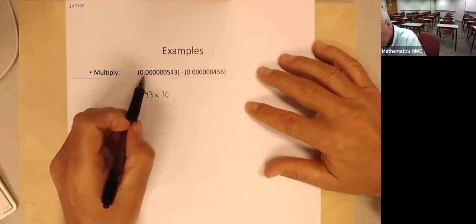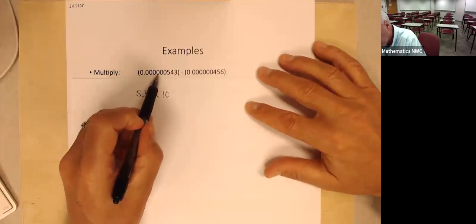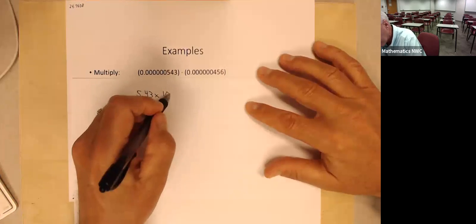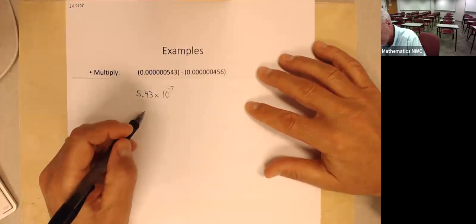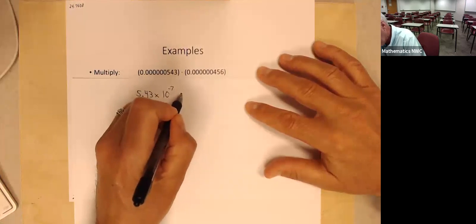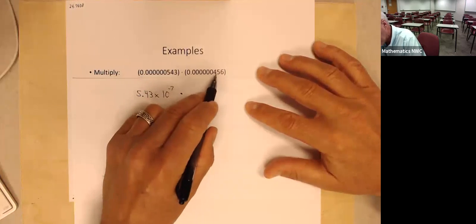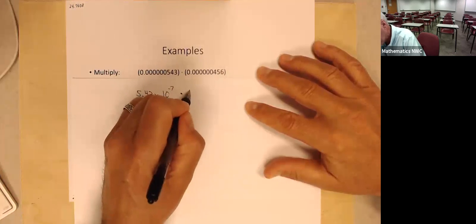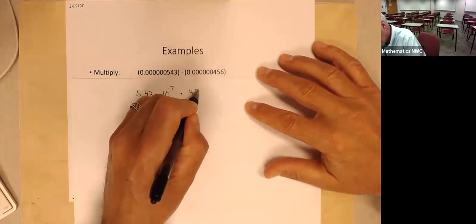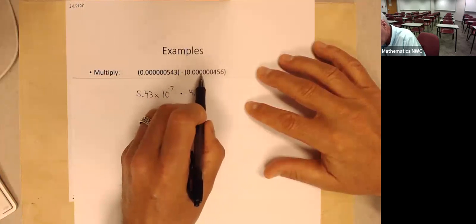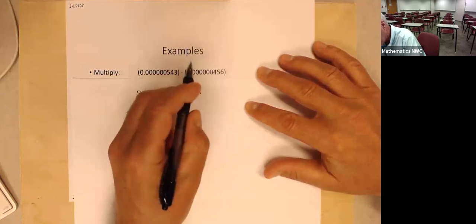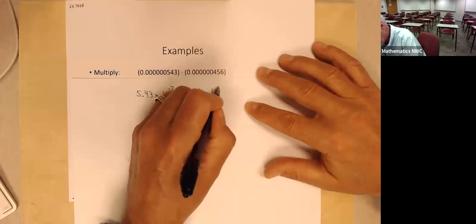It's been moved over 1, 2, 3, 4, 5, 6, 7 spots to the left, which is a negative 7. I'm going to be multiplying that times this number, which I could write in scientific notation as 4.56. It's been moved over 1, 2, 3, 4, 5, 6, 7, so 10 to the negative 7.